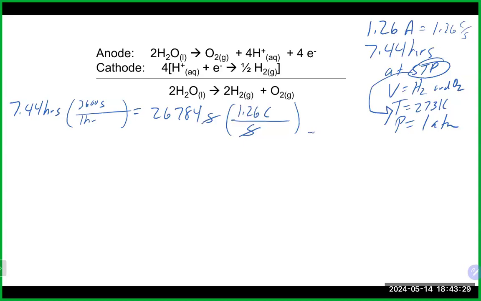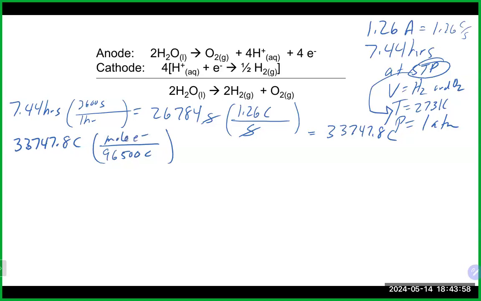Those guys are going to cancel, and that will get us about 3,374.78 coulombs of charge. We will then divide by Faraday's constant to get to our moles of electrons. So 3,374.78 coulombs, dividing by Faraday's constant, 96,500 coulombs per mole of electrons.